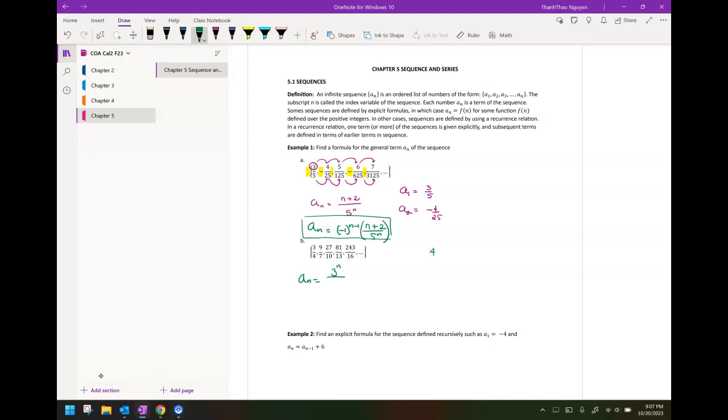We start with 4. 7 is equal to 4 plus 3. Then the next one is 10. 10 equals 7 plus 3, so that is 4 plus 3 plus 3.